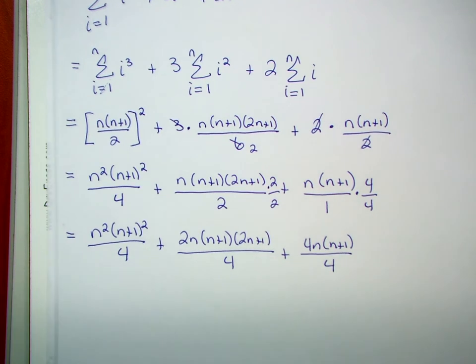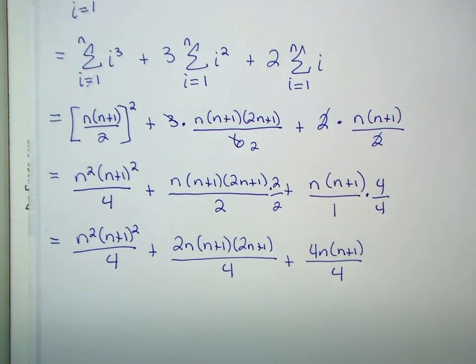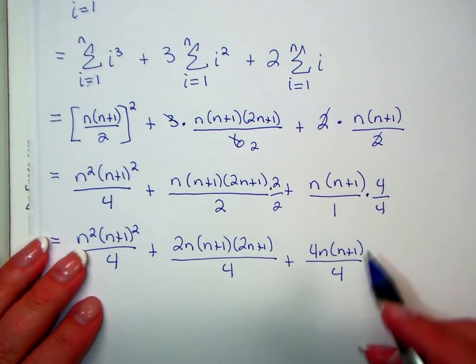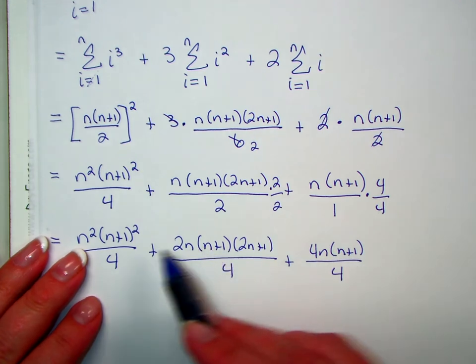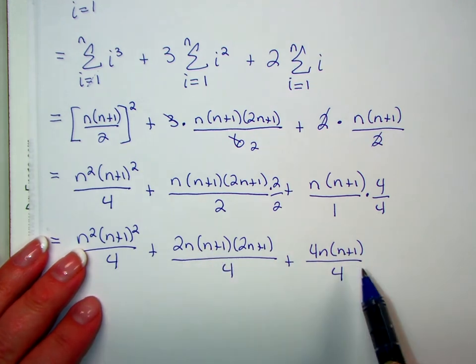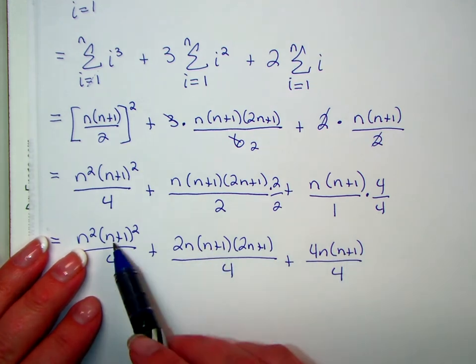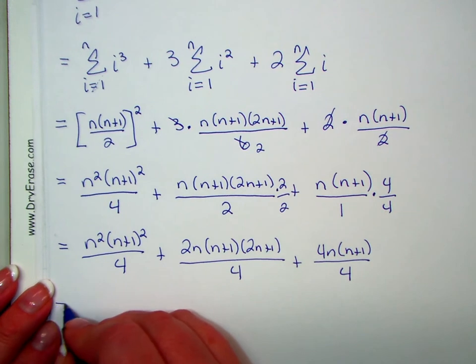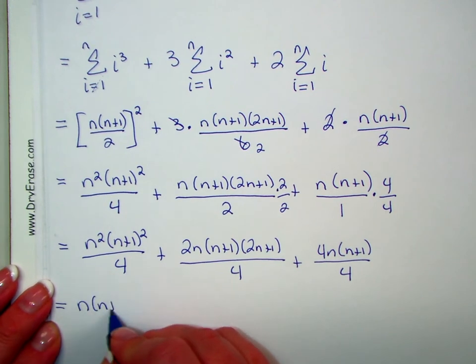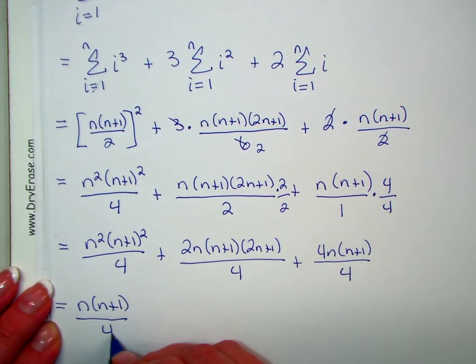Okay. So what can we factor out? This time every term has over 4, so we can take out the 1/4. Every term has an n, a single n. Every term actually has an n plus 1 as well. So I'm going to factor out n times n plus 1 over 4.